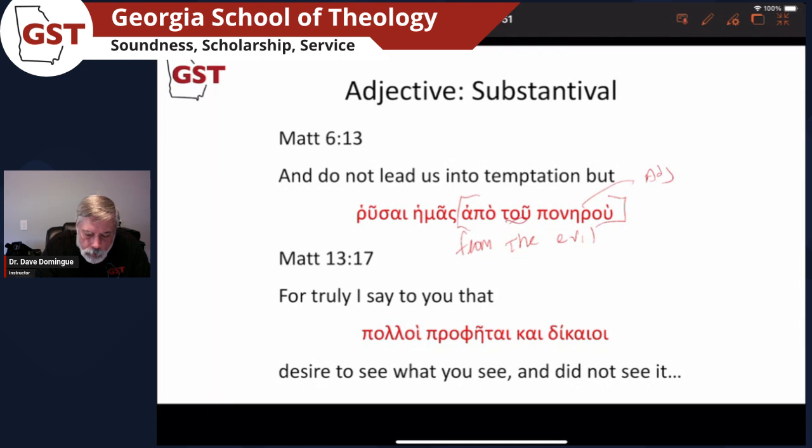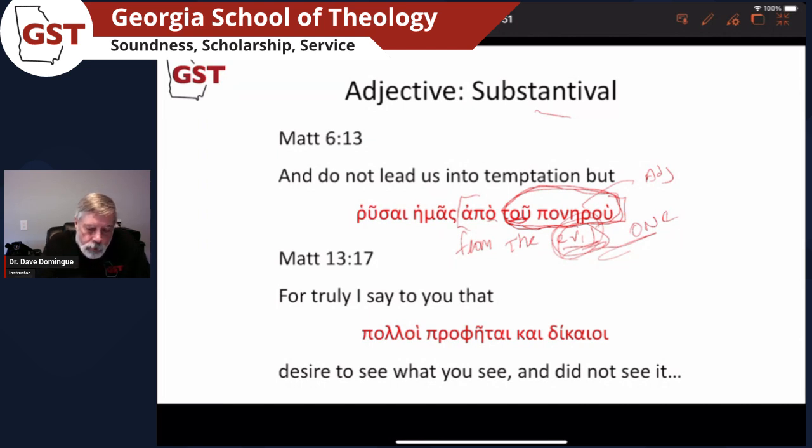It does have the article, but there's nothing for it to modify. That's the key. So if there's nothing for it to modify, it's functioning substantively. And so typically it's not just delivers from evil, it delivers from the evil one, because evil is going to function, in this case, as the object of the preposition, the evil one. Hopefully that makes sense. That's the difference there, and I think it's pretty significant.